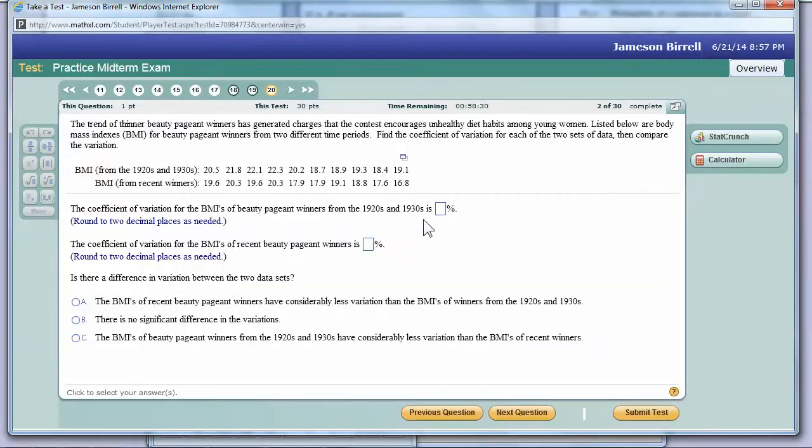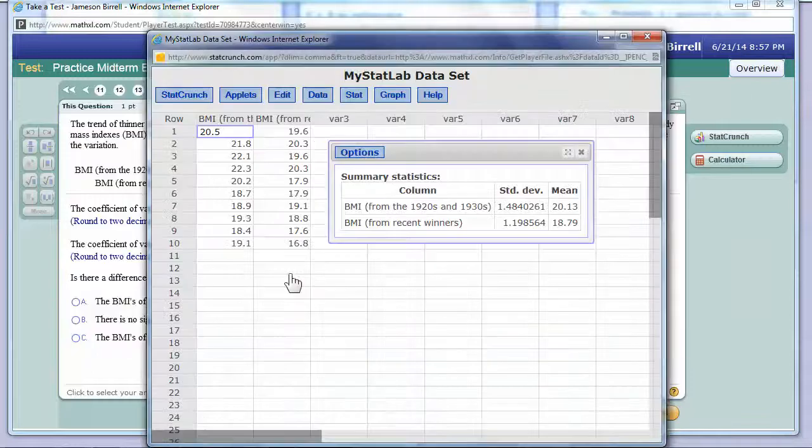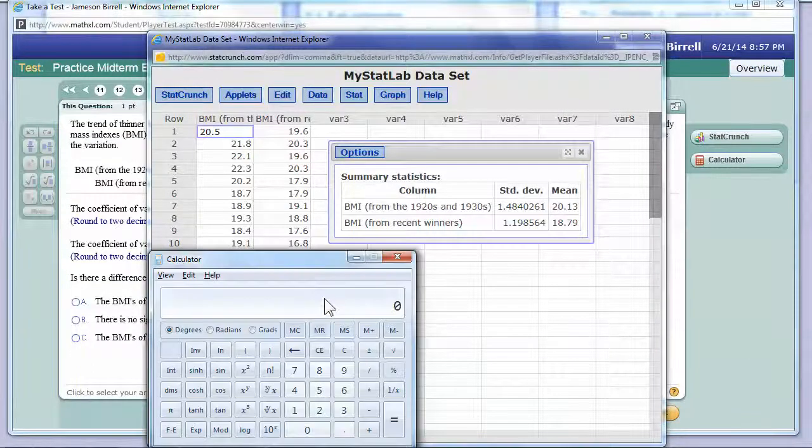Oh, actually they want 2 decimals. Okay, so we'll go with that. 7.35. And then the other, you get the numbers for it. Standard deviation of its set divided by its mean.